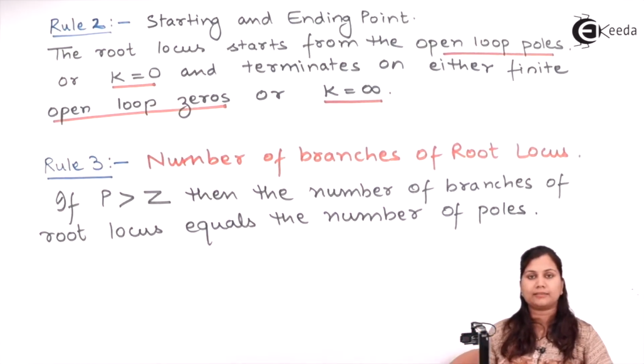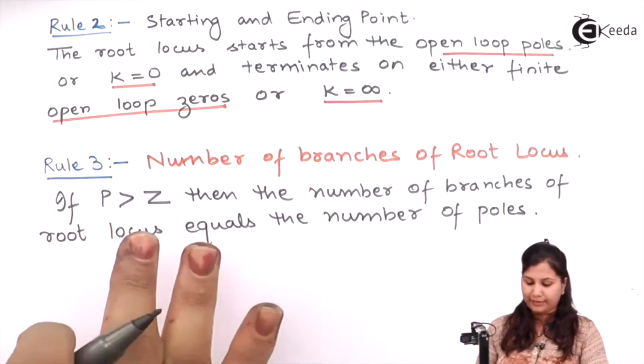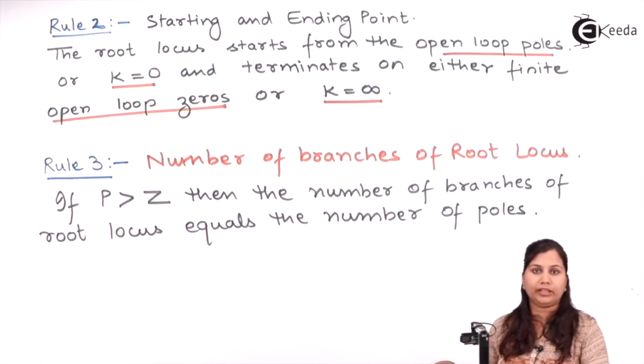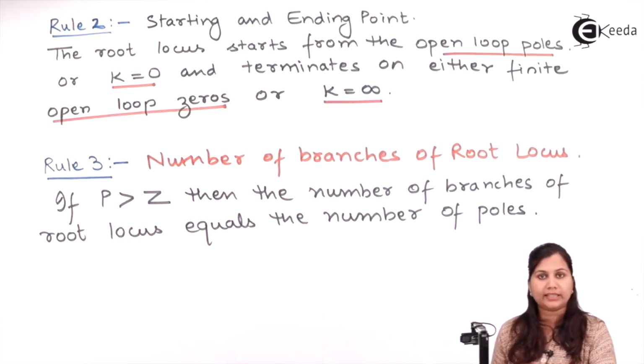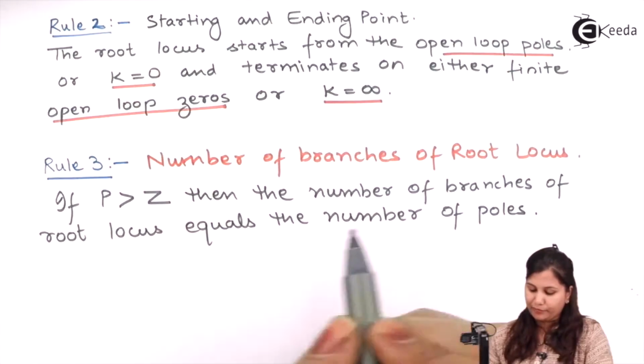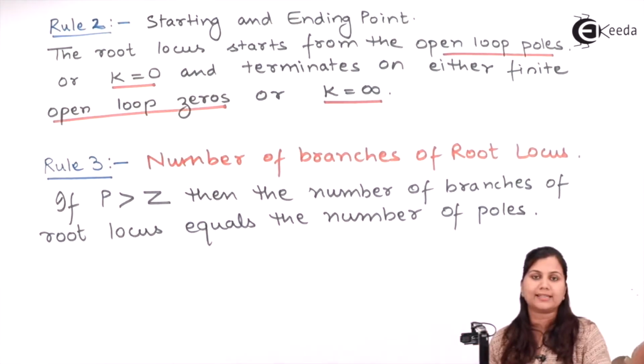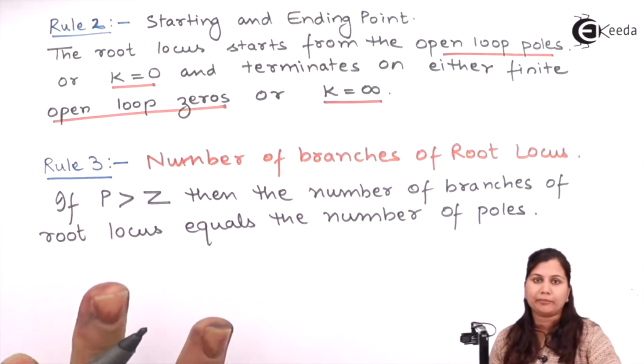Suppose that a system has 5 poles and 3 zeros. The number of poles is greater than the number of zeros, 5 is greater than 3. So the total number of branches of the root locus will be equal to the number of poles, that is, there will be 5 branches.